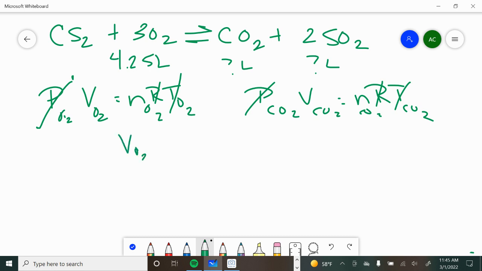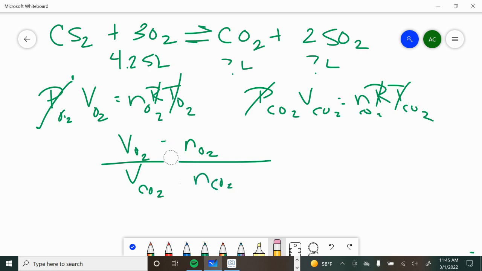So if we compare the volume of O2 to the moles of O2, and we make a ratio of the volume of CO2 to the moles of CO2, what do we call those things? Two ratios. A proportion. So we're going to make a proportion. So 4.25 liters, volume of CO2, I don't know what that is. I do know how many moles of O2 I have according to my equation: 3.